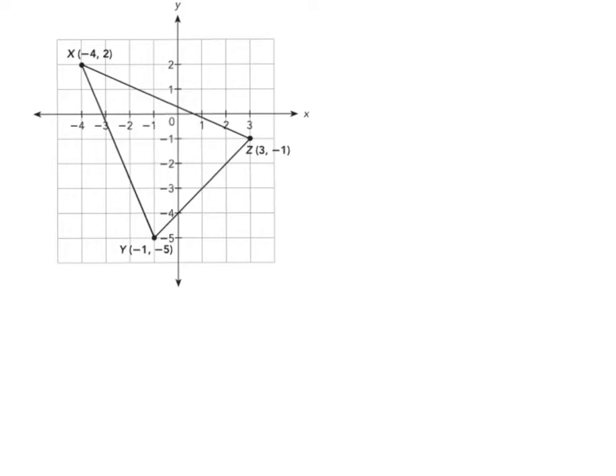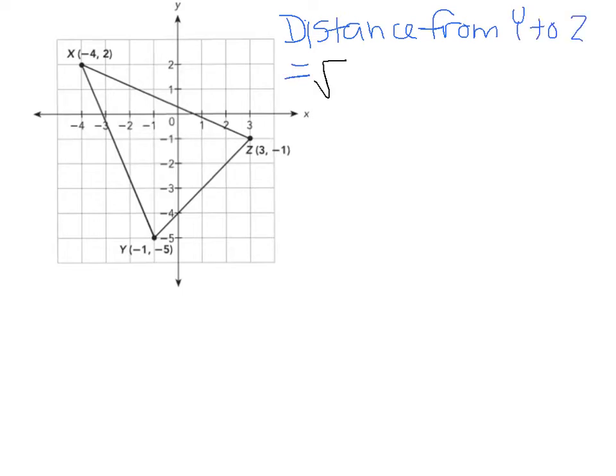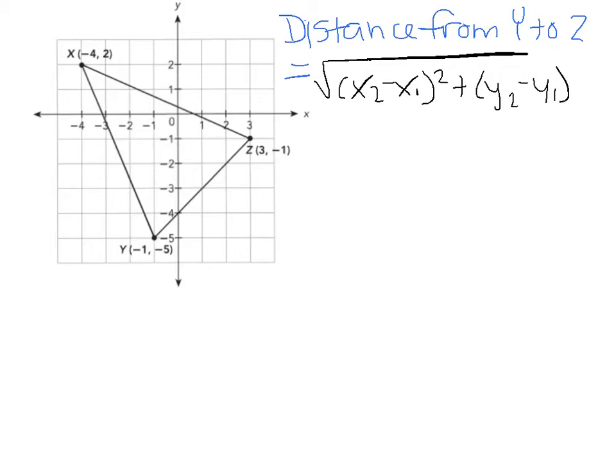Next, I'm looking for the distance between Y and Z. So my distance from Y to Z equals the square root of x2 minus x1 squared plus y2 minus y1 squared. So now I need to assign my values. So I'm going to use Y as x1, y1, and Z is x2, y2.